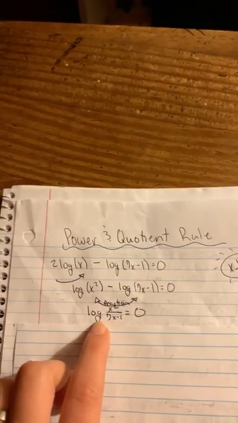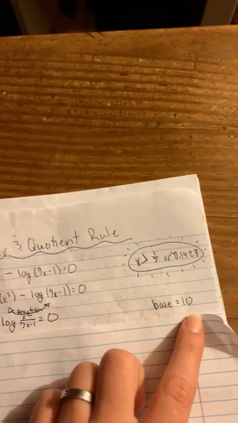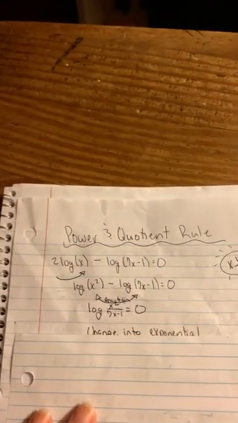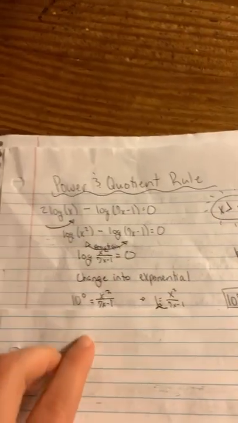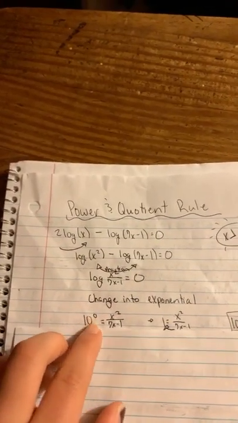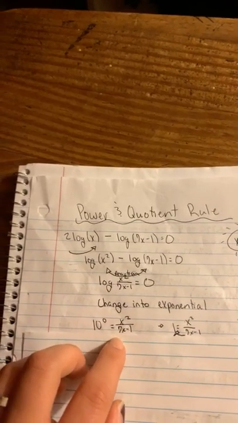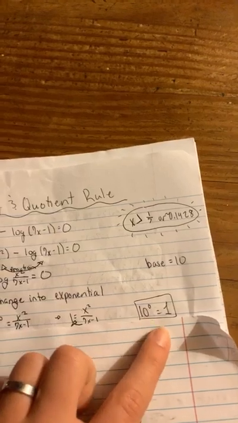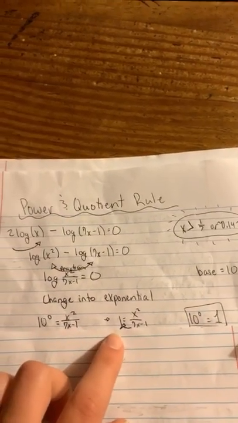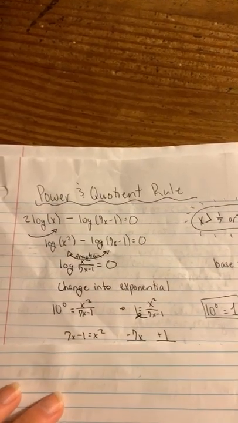Now, because there is no base to the log, we can assume that it is 10. So if we convert this into exponential, we get 10 to the 0th power equals x squared over 7x minus 1. And we know that anything to the 0th power equals 1, so 1 equals x squared over 7x minus 1.